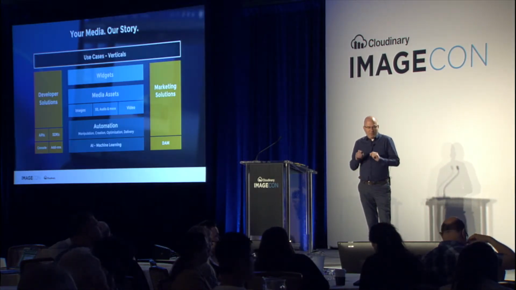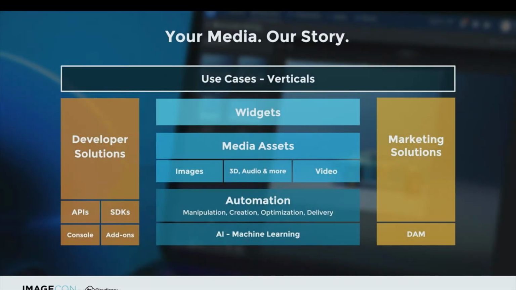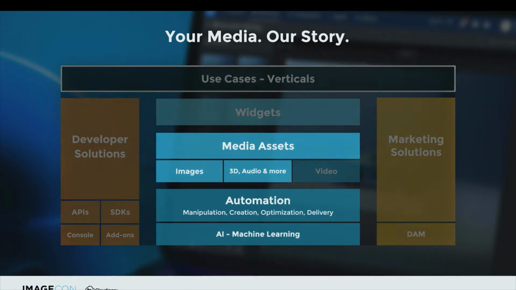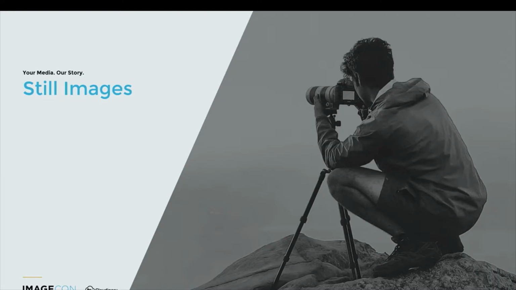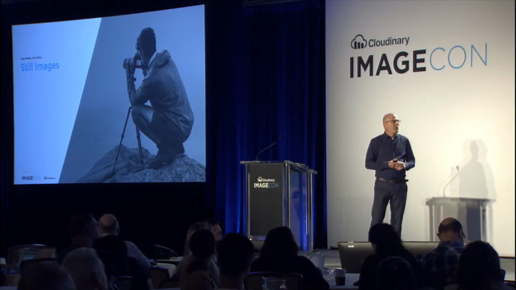I want to focus now on new image manipulation capabilities. So we all saw that Cloudinary's roots are in images, and still images are still the most prevailing and probably highly effective elements when we're trying to engage with customers.